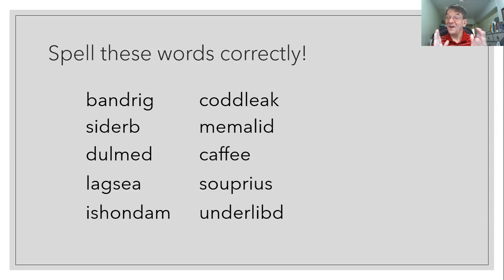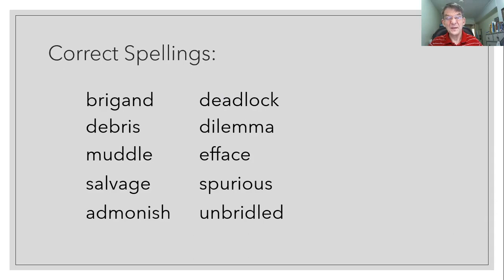Okay, now let's see how well you did. So the first word was Brigand. So Bandrig was Brigand. Codleak was Deadlock. Sidurb was Debris. Mimolid was Dilemma.